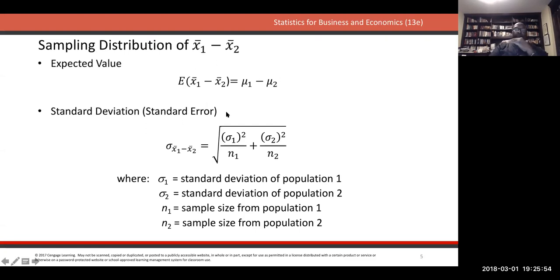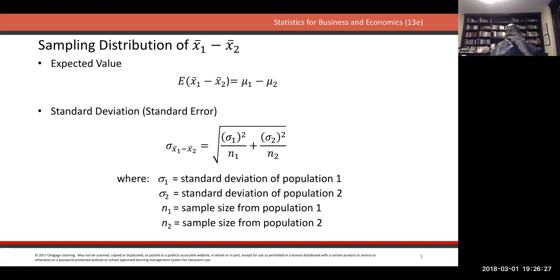Remember that for a confidence interval, there are the following parts. One is that we have to have what we call a point estimate. If you recall, when we found a confidence interval for a single population mean, we had X bar plus or minus either Z or T, and then either sigma or S over the square root of N. So that was a single sample case.